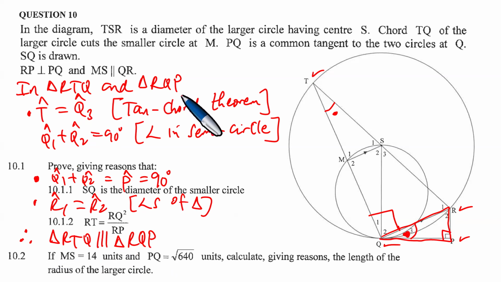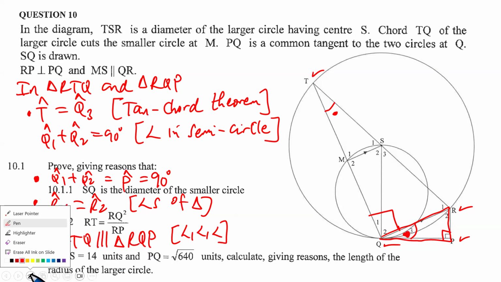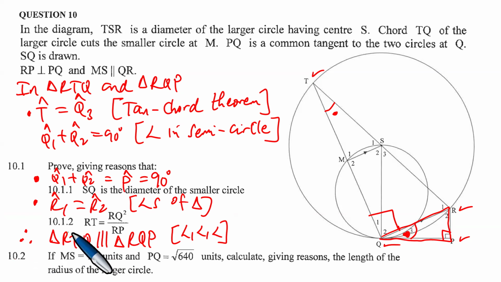Why is this the case? Because we have three angles respectively equal. So angle, angle, angle, like this. Now, because of the angle, angle, angle property, we can do that in green color. And we can take the first two and the second two like these.